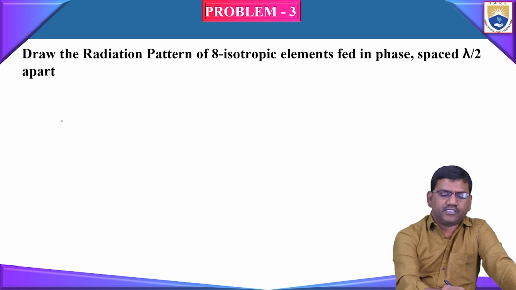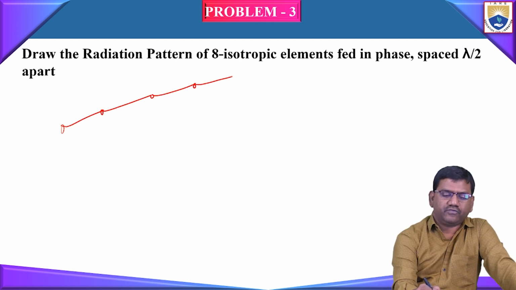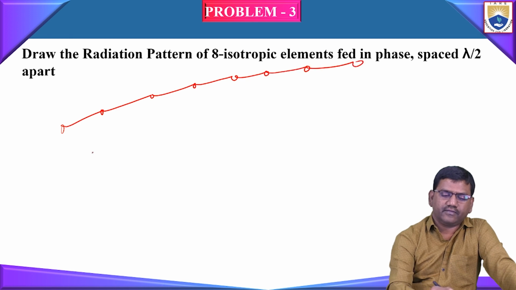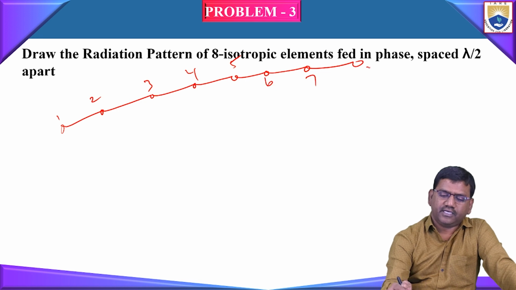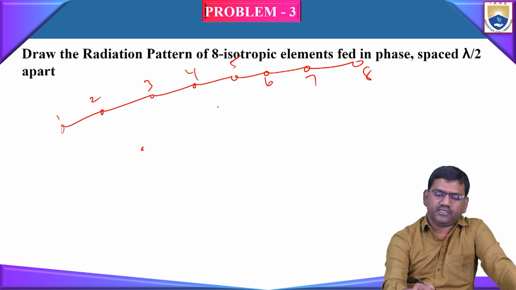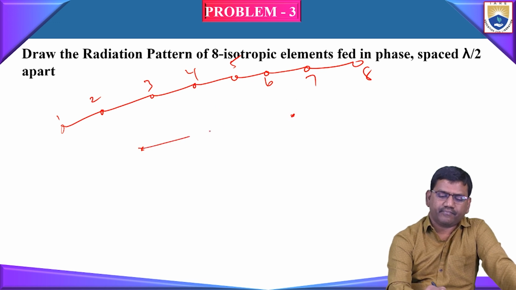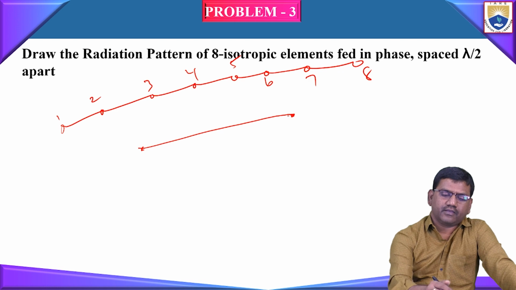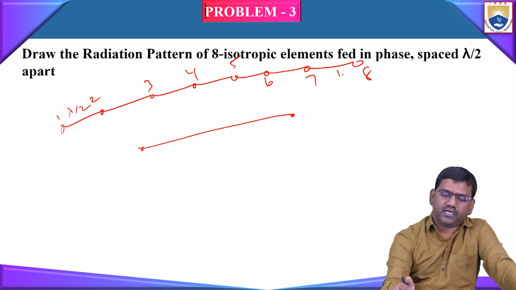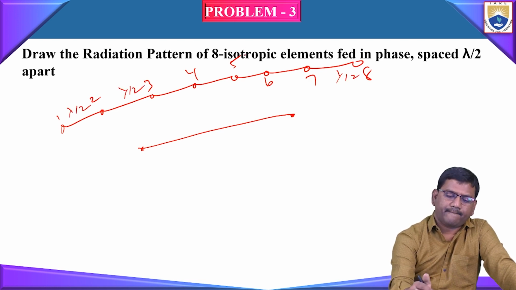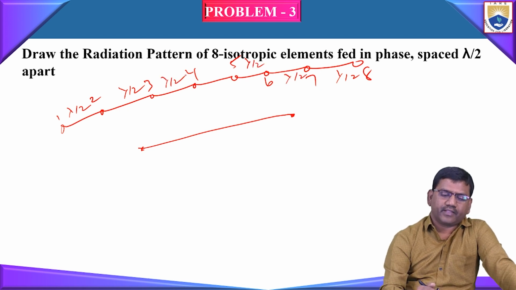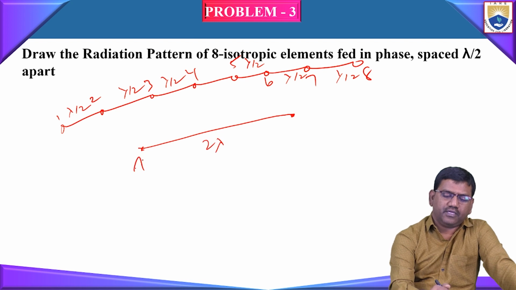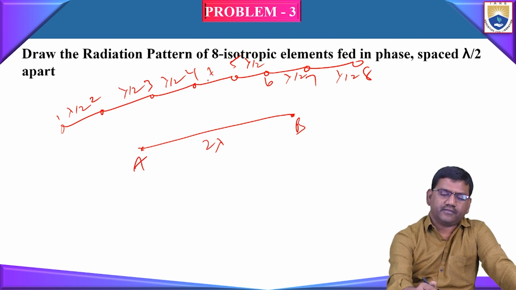Suppose you take 1, 2, 3, 4, 5, 6, 7 and 8, and you combine 4 elements as one group. So all are lambda by 2 spacing, and the total distance is 2 lambda from here.